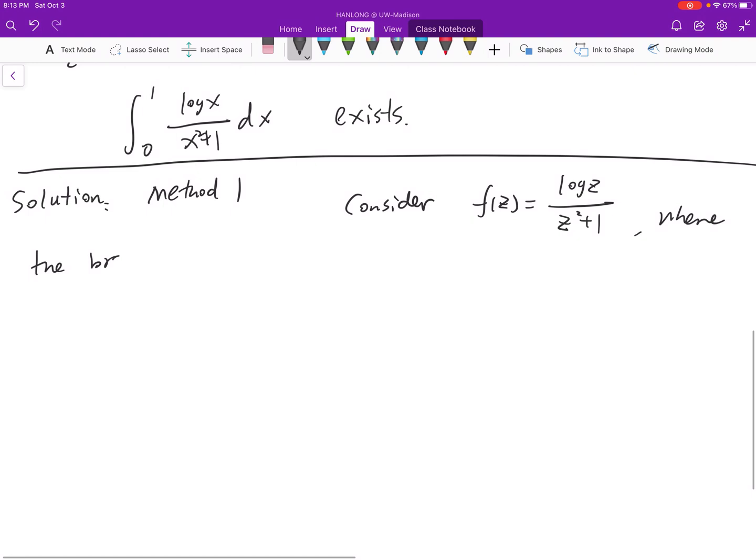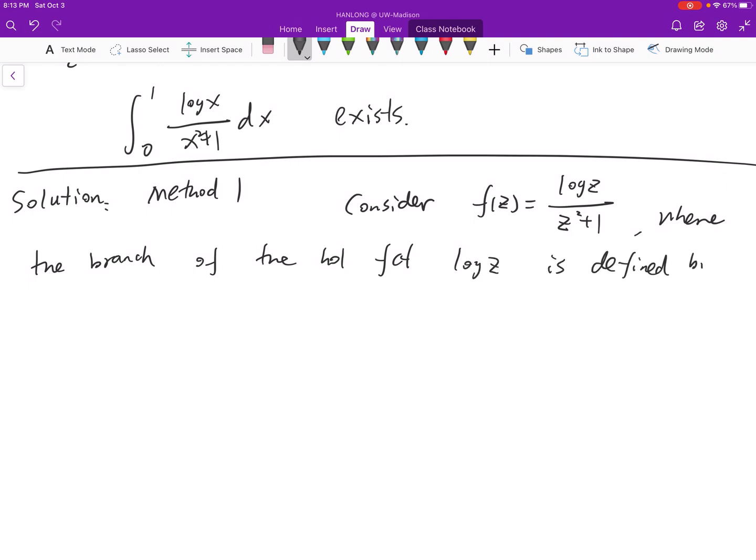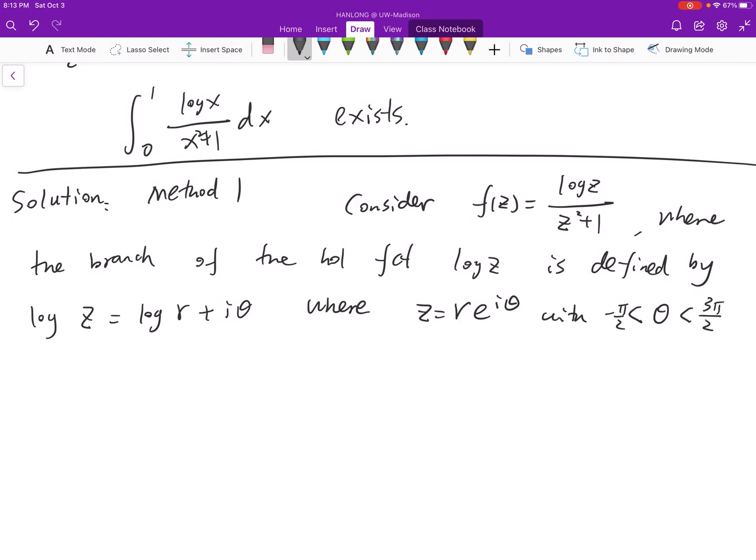The branch of the holomorphic function log z is defined by log z equals log r plus i theta, where z equals r e to the i theta with theta from negative pi over 2 to 3 pi over 2.